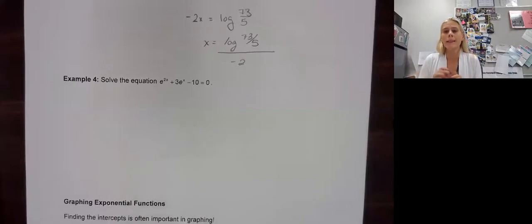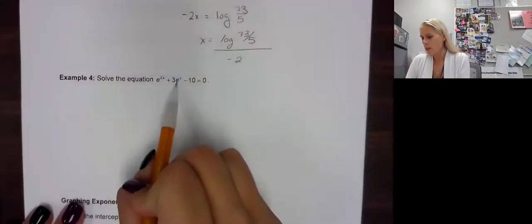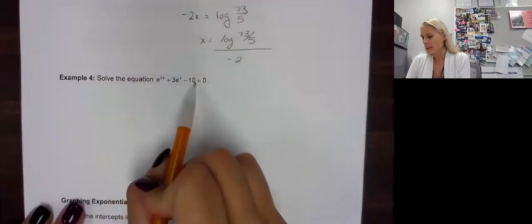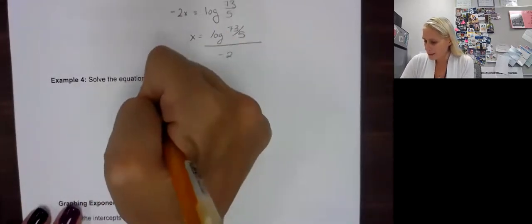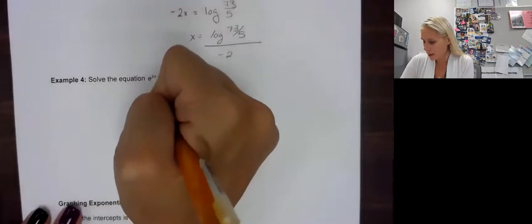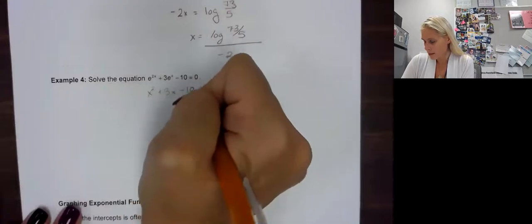Remember, lately I've been saying whenever there's tricks, you need to make sure you understand them because they're probably going to be on your test. Okay? Well, e to the 2x plus 3e to the x minus 10. Well, what does this look like, guys? This looks like x squared plus 3x minus 10.